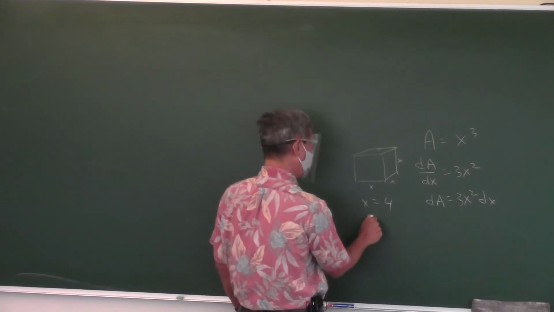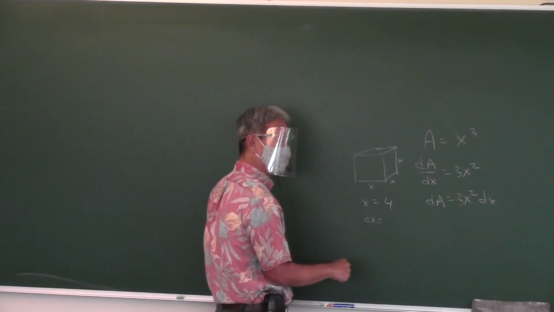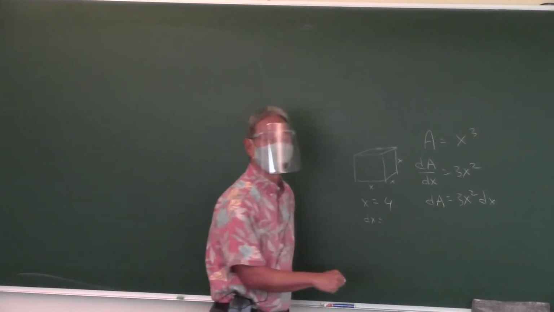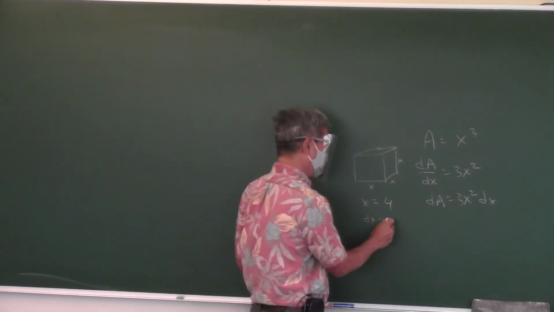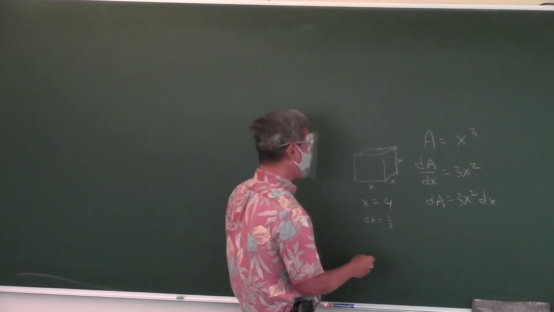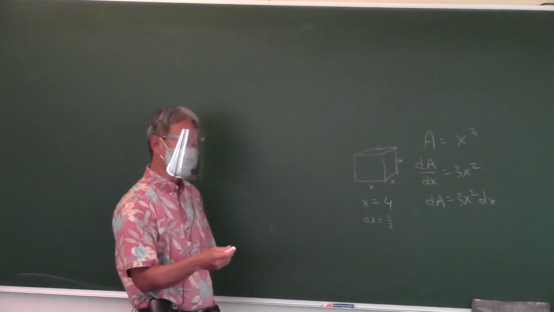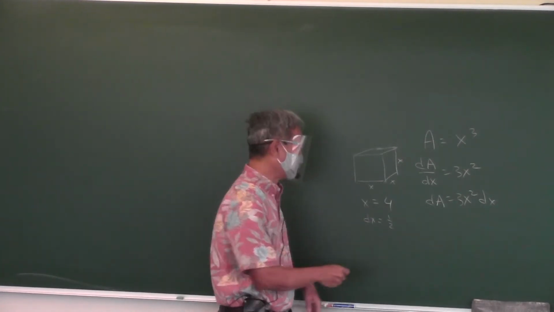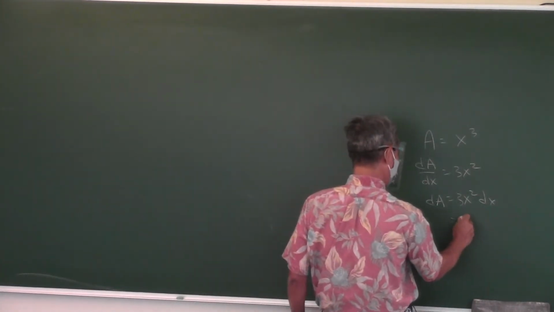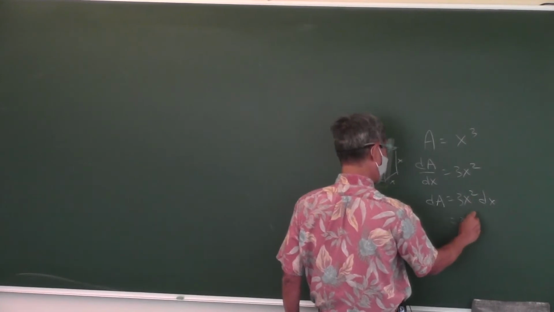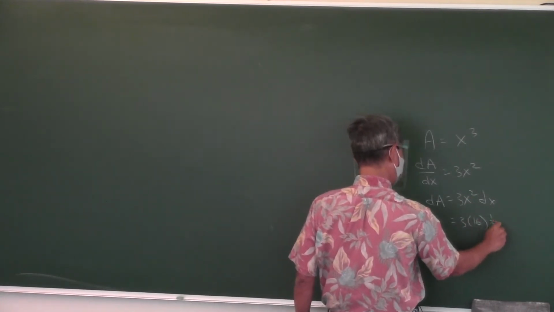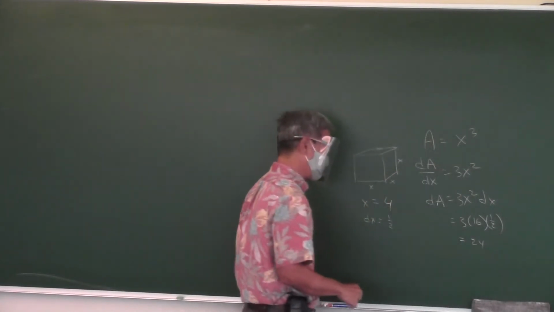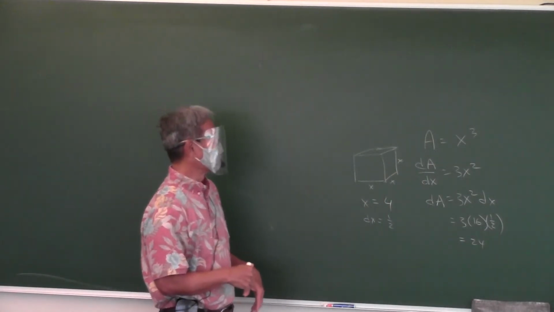And let's say dx, the change in x, is, give me a small number. 0.5, like 1/2, okay. What would be the approximate change if the side increases by 1/2? Well, it would be 3 times x squared, which is 16, times dx, which is 1/2, and that comes out to 24.